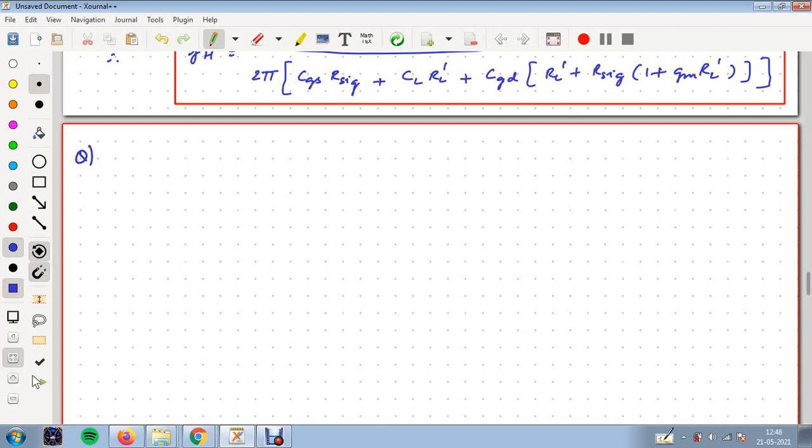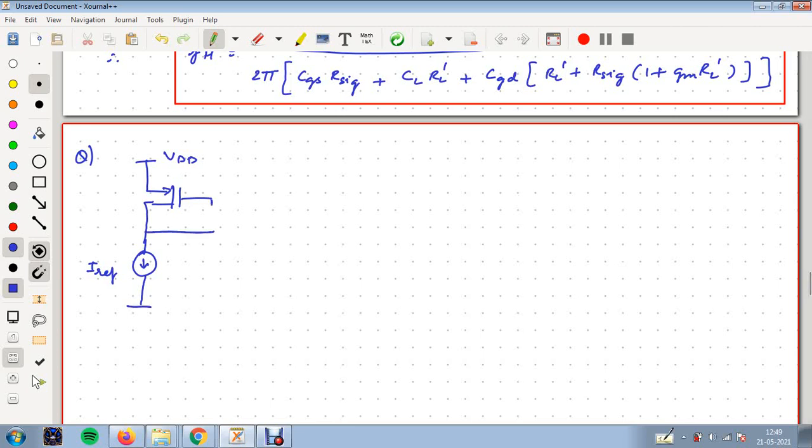Okay, so question. The circuit is this: VDD. This circuit we have already seen. This is IREF. This is the CMOS implementation of a common source amplifier.